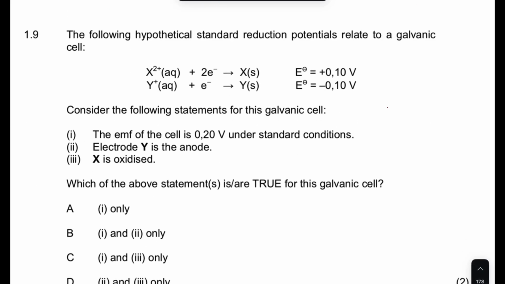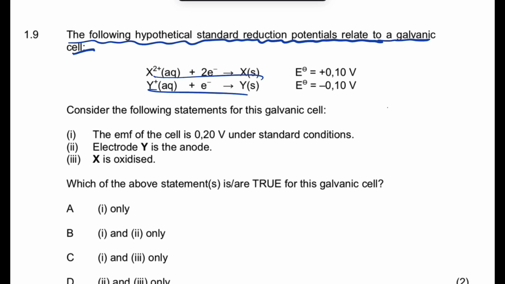Second last question. It says the following hypothetical standard reduction potentials relate to the galvanic cell, right? So we have these half cells. These are hypothetical, guys. Hypothetical means they do not exist. If you look at these half reactions, we're given the standard reduction.